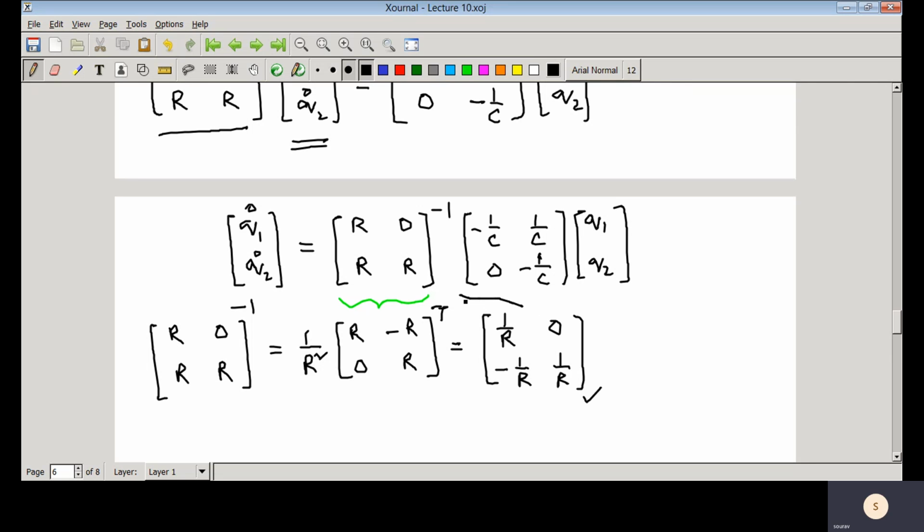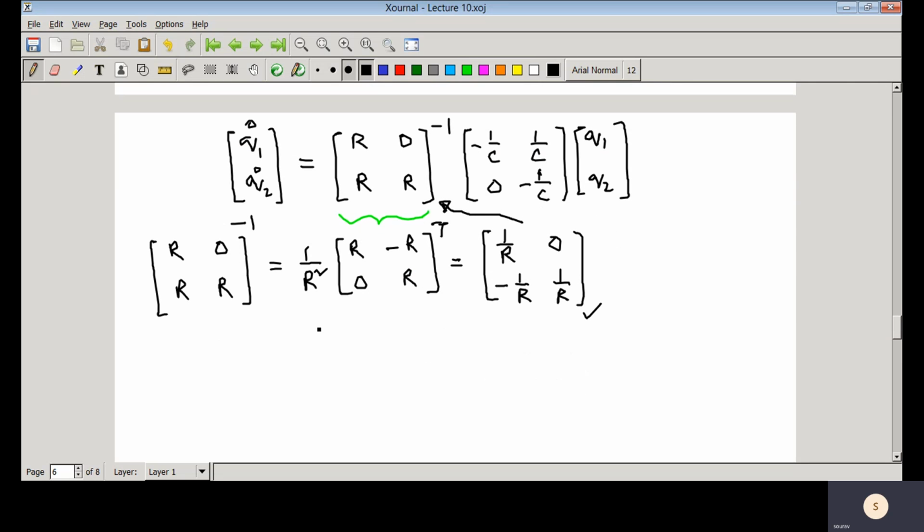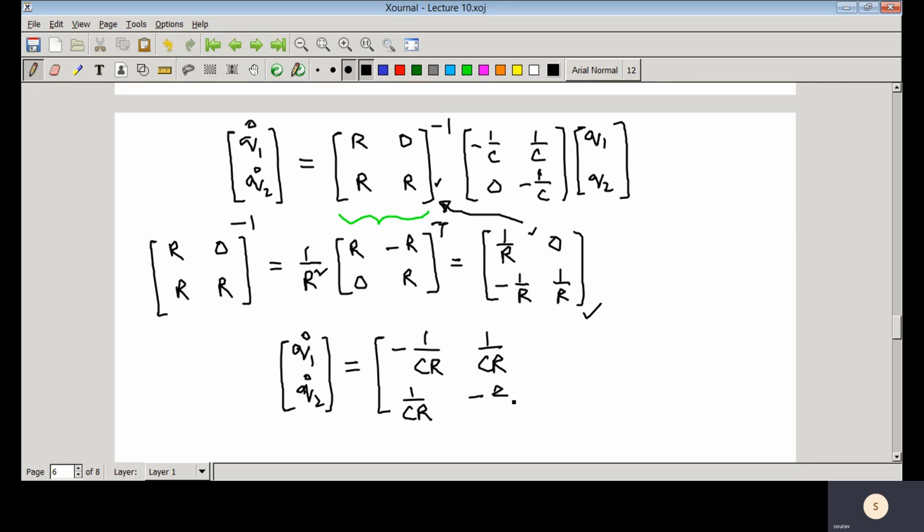Now if you replace this one here and multiply it, the final expression that you would have is q1 dash, the first derivative of q1 and q2, is equal to, just replace the inverse of that matrix and multiply, then you will get minus 1 by cr, 1 by cr, then 1 by cr minus 2 by cr, times q1 q2.